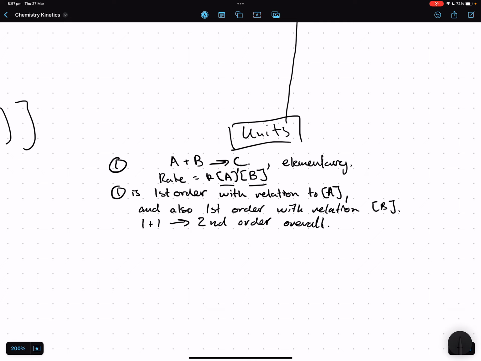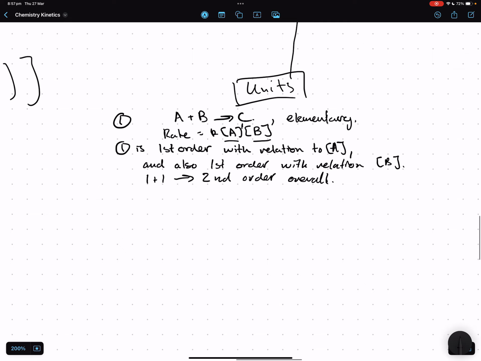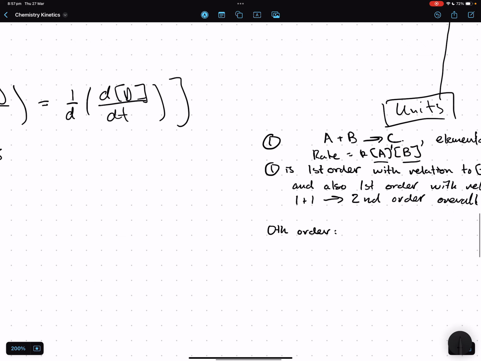When we talk about units for the rate constant especially, here's how the system works. We have zeroth order. What zeroth order implies, which is very important to remember, is that nothing affects the rate, well, k affects it, but basically the reactants do not affect the rate.